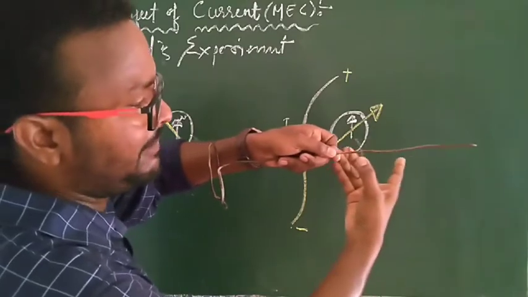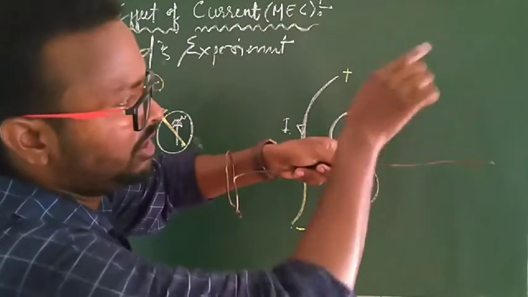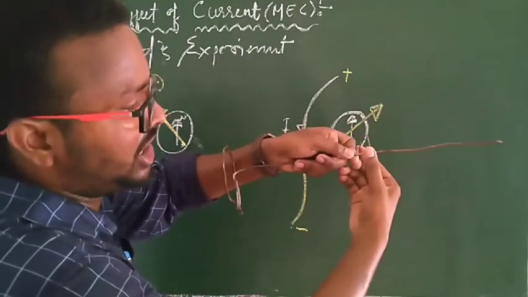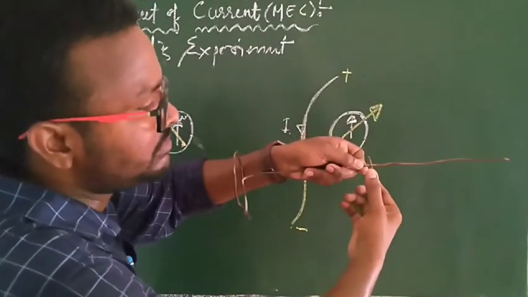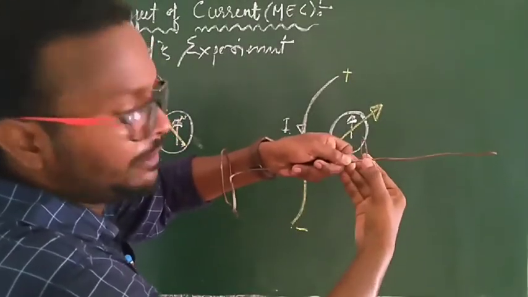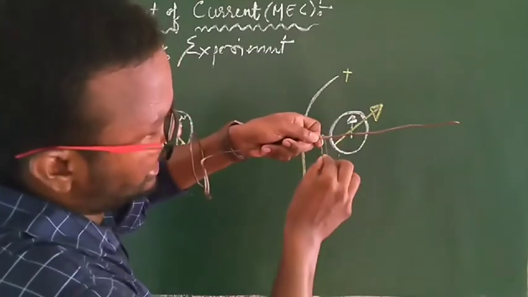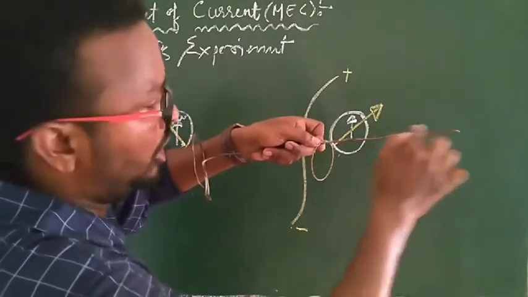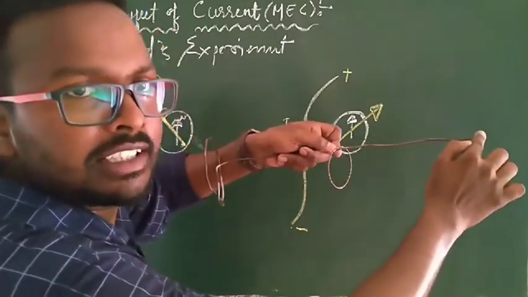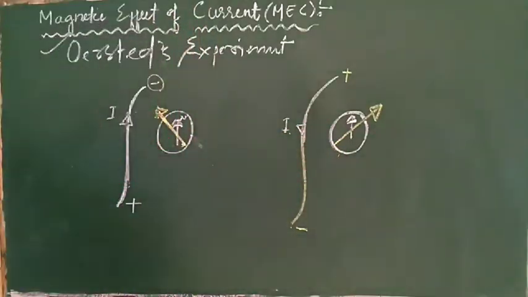In this way the magnetic field develops around the wire, and the centers of all the concentric circular rings are the same. The magnetic lines of force are always perpendicular to the direction of flow of current. Clear? This is all about Ørsted experiment, and we can write.